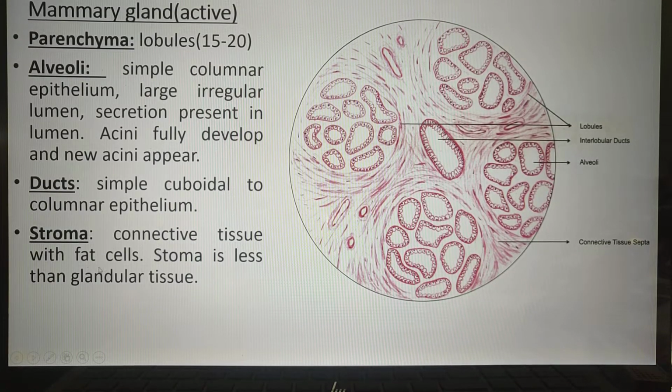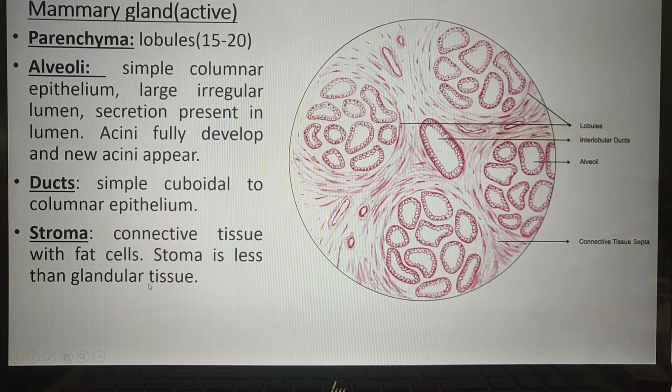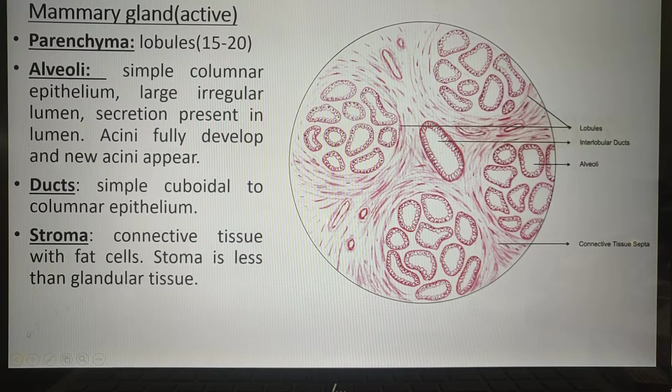The stroma is connective tissue with fat cells. The stroma is less than the glandular tissue because the gland is more developed during the active stage of lactation.